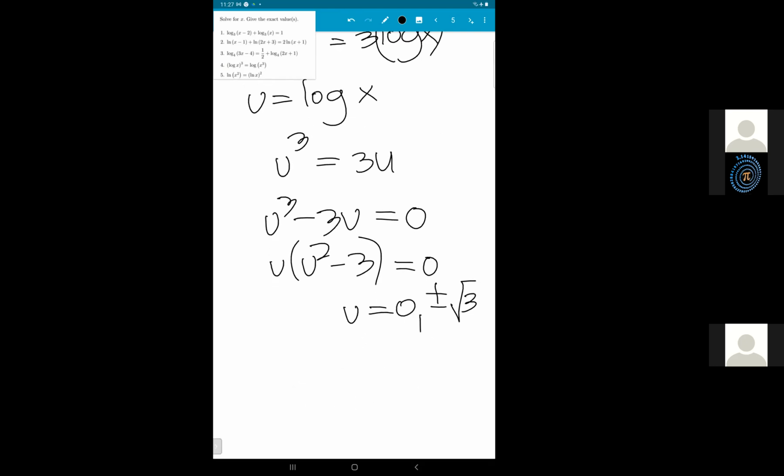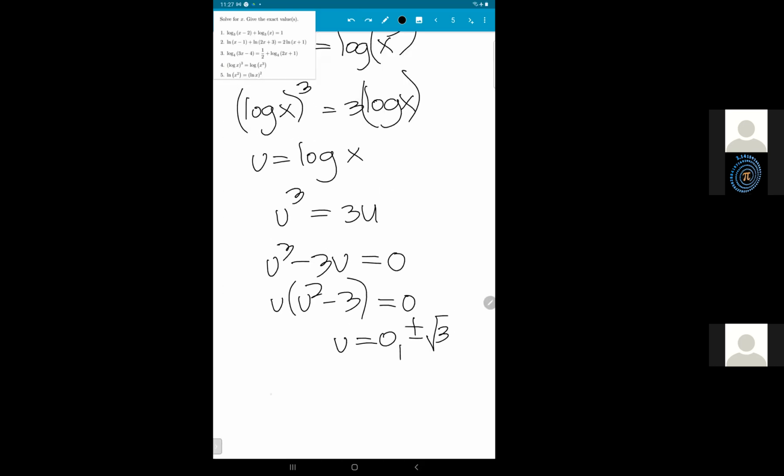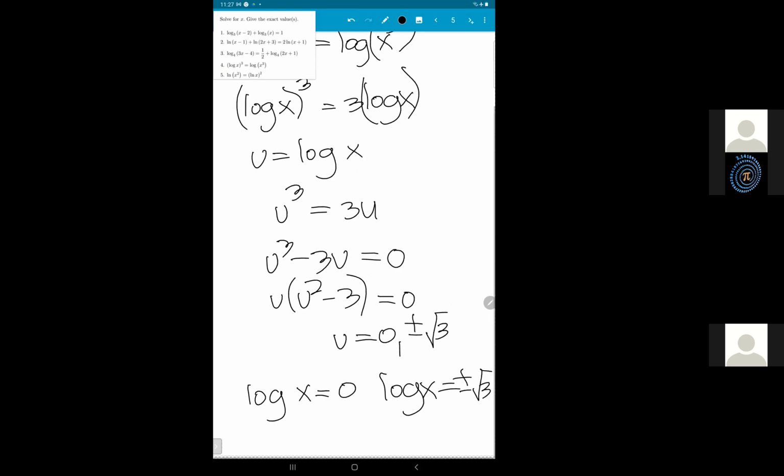And you go back to x, revert to x. So u equals log x. So you have log x equals 0. And you have log x equals plus minus square root of 3. And remember, this is base 10.